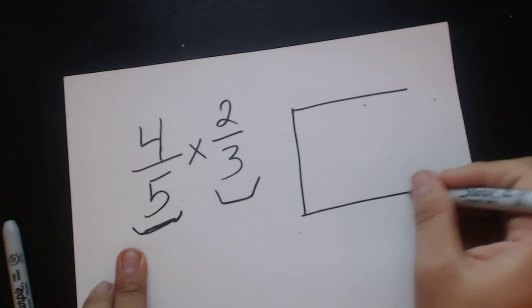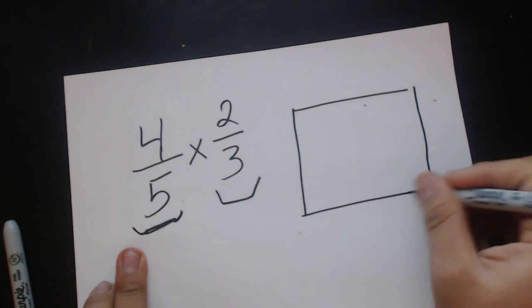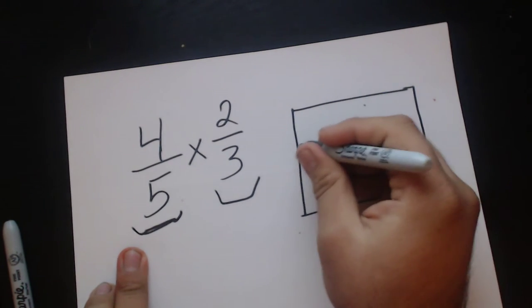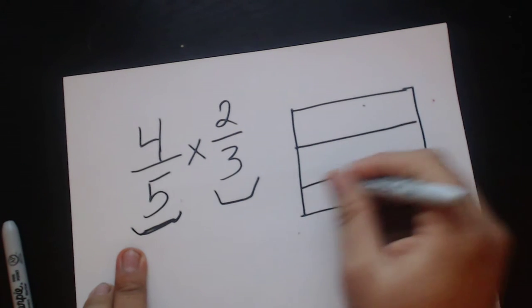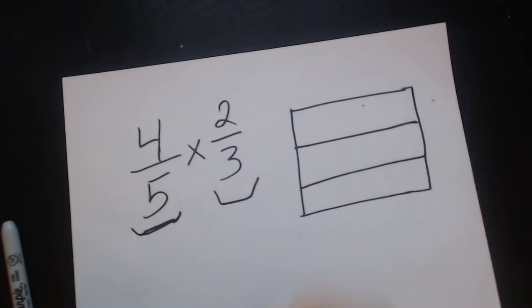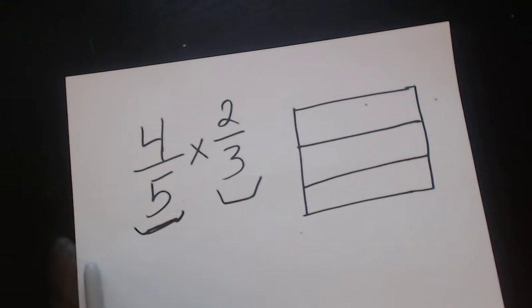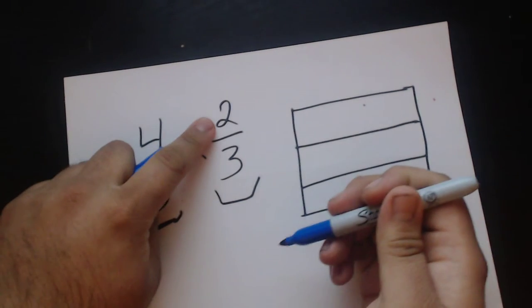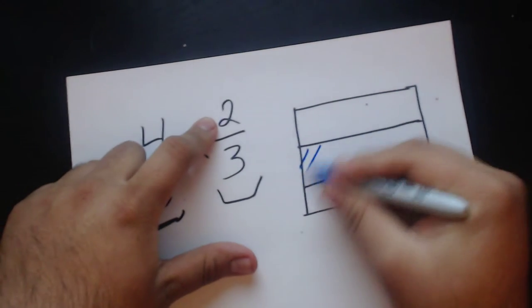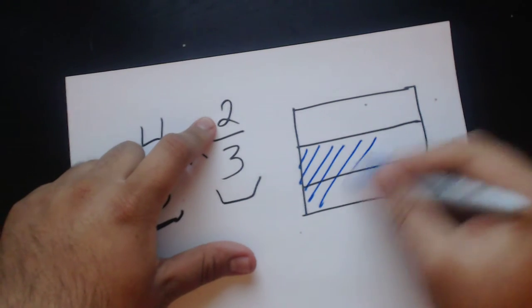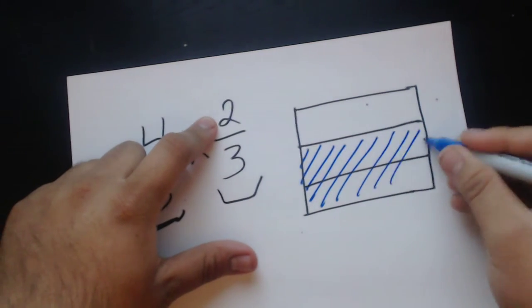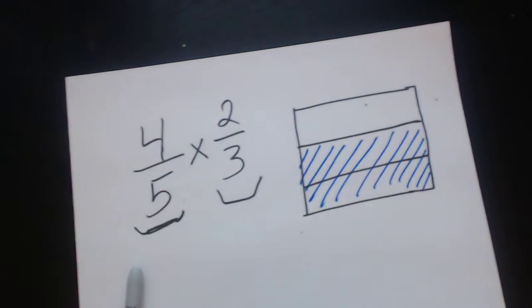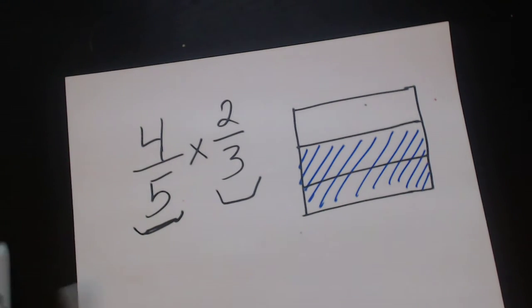So let's go ahead and make our box for our fraction model. And I am going to do my 3 rows here. And then I'm going to color in 2 of my 3 rows, like so.